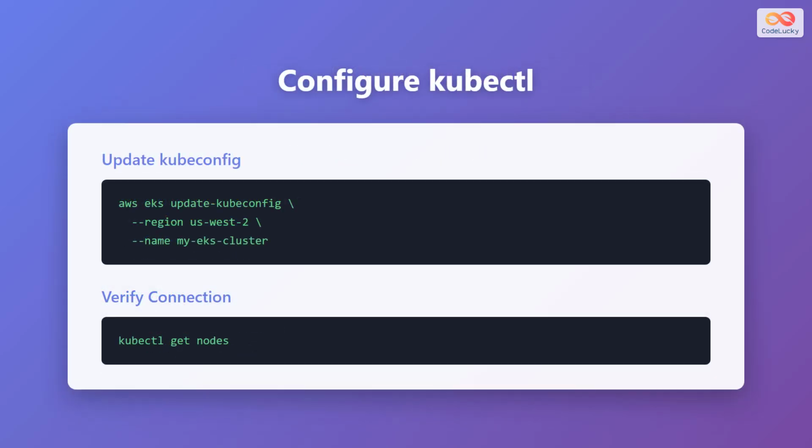After your EKS cluster is created, you need to configure kubectl to communicate with it. The aws eks update-kubeconfig command automatically updates your local kubeconfig file with the cluster connection details. You specify the region where your cluster is located and the cluster name.